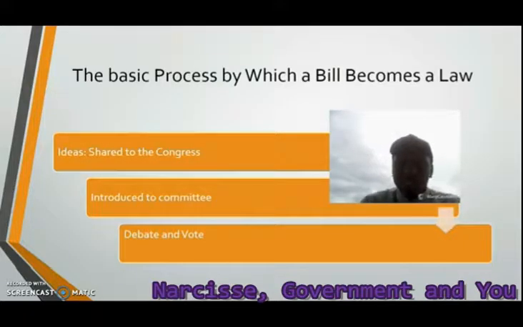At that time it is called a bill. Then it is introduced to a committee or members of Congress. From the Congress, they form a committee to evaluate that idea. They evaluate, making research, evaluating different arguments. Then they debate and vote on whether that bill could become a law.